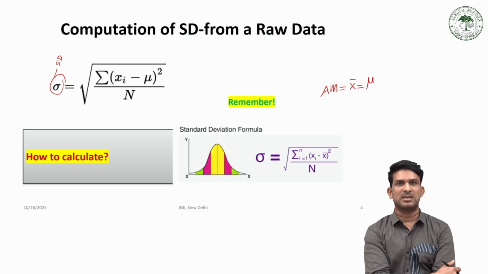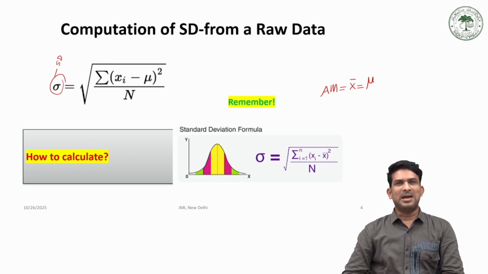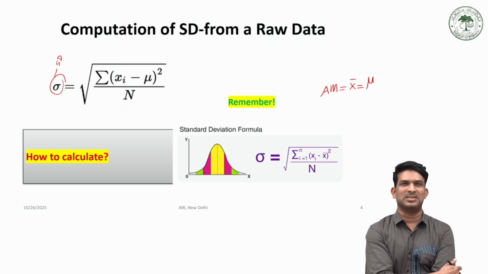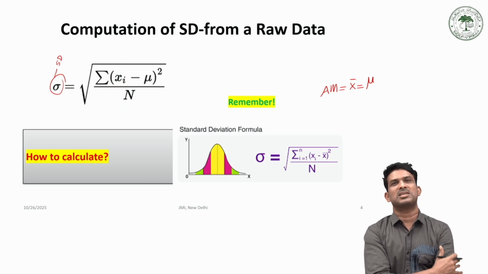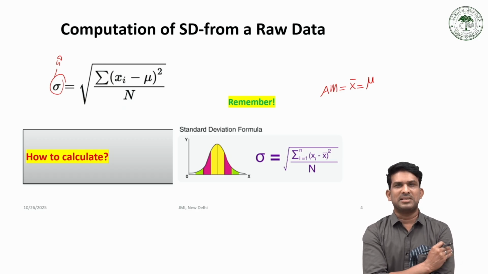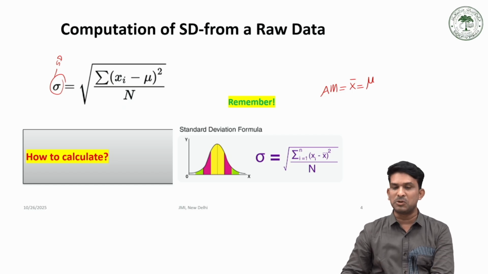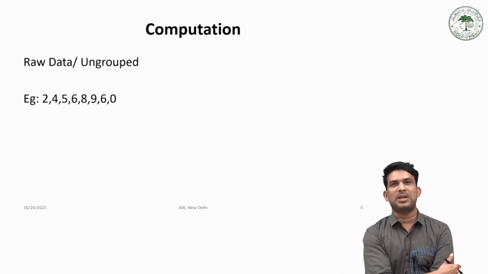Okay, clear. Now, like any statistical calculation, we have two cases of calculations. One is for ungrouped data, that is raw data, and second is for grouped data. So let us come to ungrouped data. Computation of arithmetic mean for raw data. This is raw data, ungrouped data.